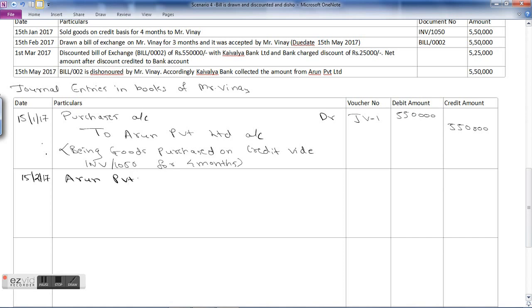So Arun Private Limited account debit, we'll put it as JV2, amount is 5,50,000 to bills payable account, again the amount is 5,50,000.